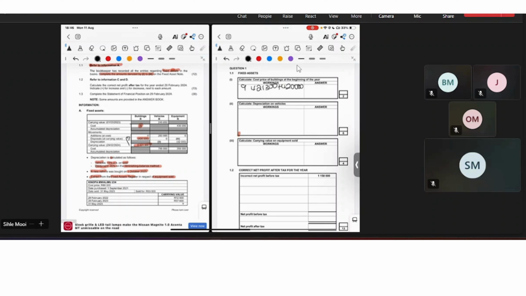And that will give us our cost price at the beginning of the year. 9,421,300 plus 420,000 should give you 9,841,300. Okay, any questions with that one?